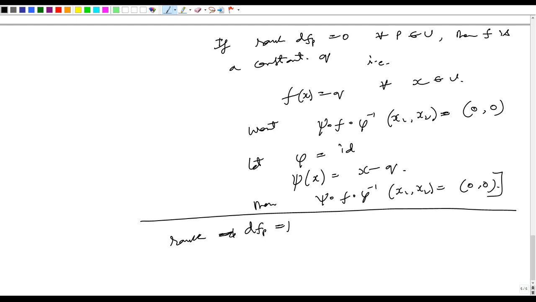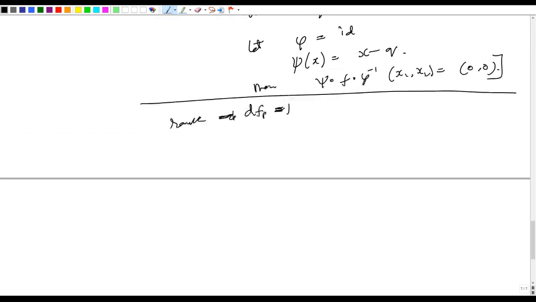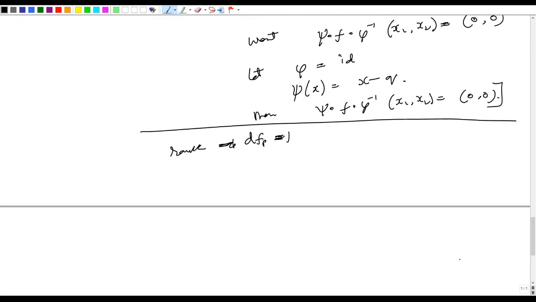So one uses the implicit function theorem to get diffeomorphisms P and C.